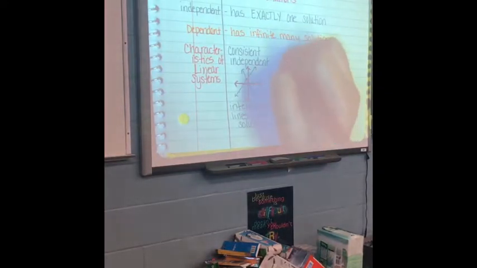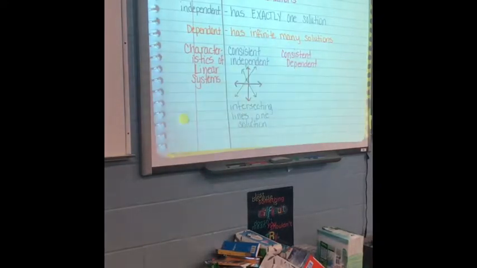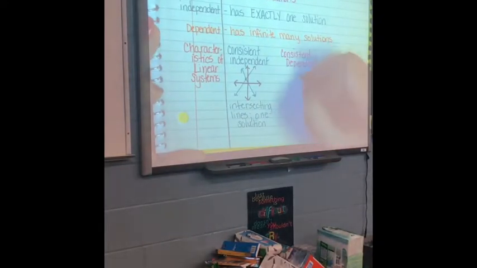Our next one we're going to look at is our consistent dependent, which Dylan pointed out would be the what? Same line.